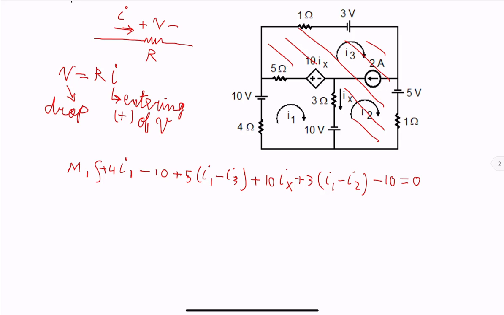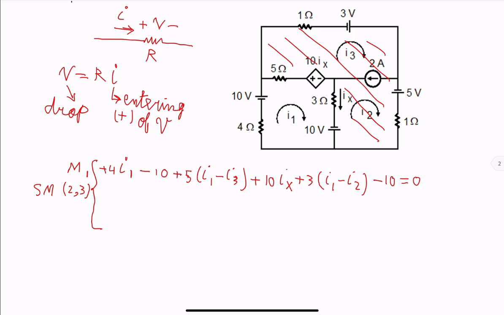Then we have the supermesh. Supermesh is meshes 3 and 2. Start at the lower left side of it, treating meshes 2 and 3 at the same time.